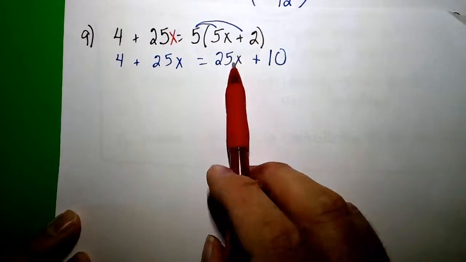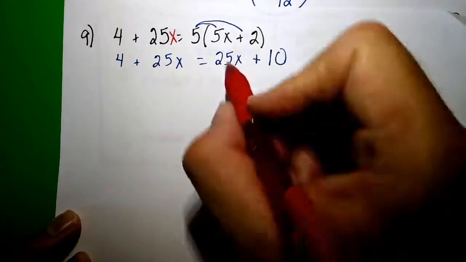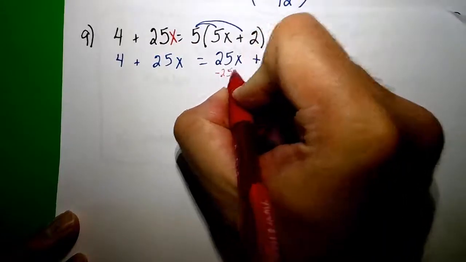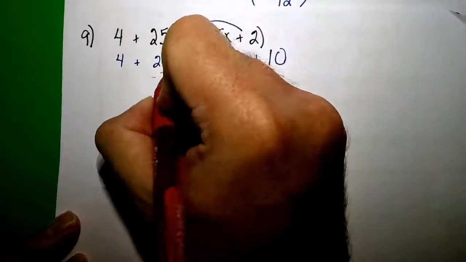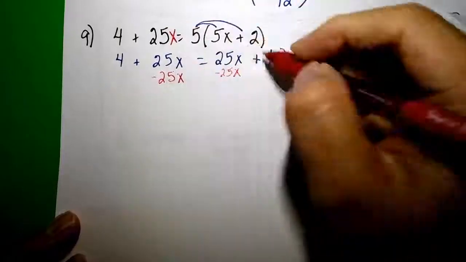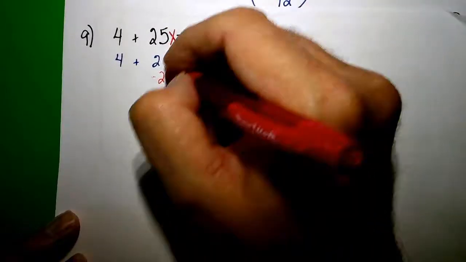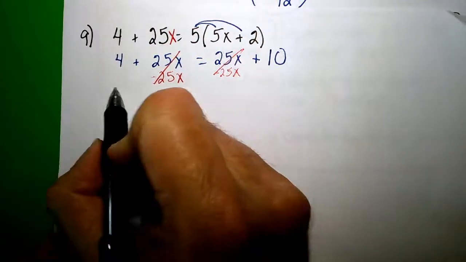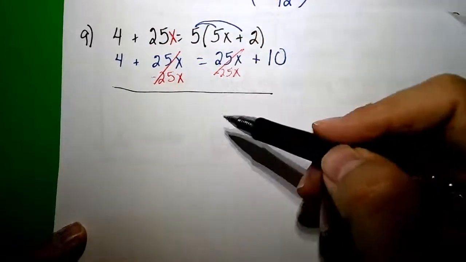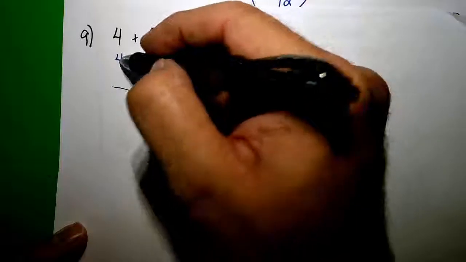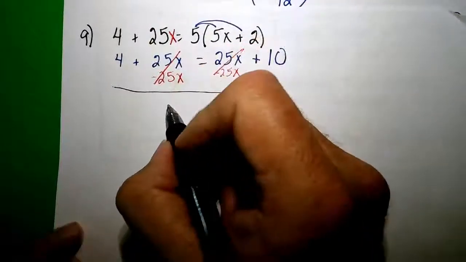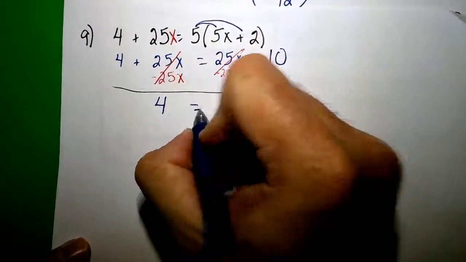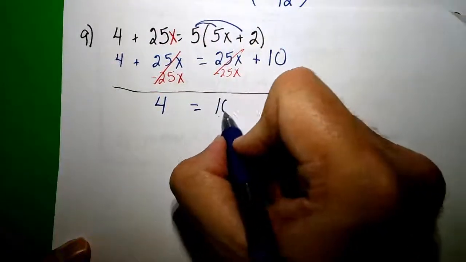If I want to move this x over there, I would subtract it because it's a positive 25. And y'all see what's about to happen? 25x minus 25x. Do we have any x's remaining? No, we don't, do we? On the left-hand side, all we have is that blue 4 equals 10.